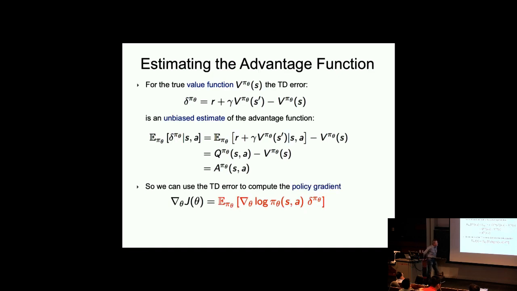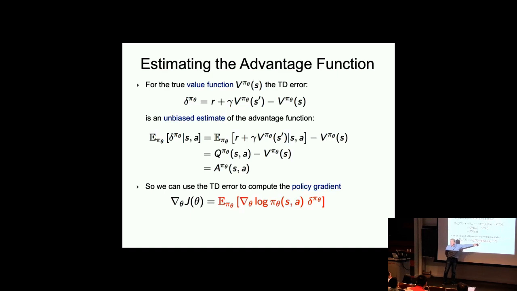Okay, and so this leads to another way to rewrite our policy gradient theorem. Remember here we originally put Q of SA. Then in the previous slide, we replaced that with the advantage function of SA.